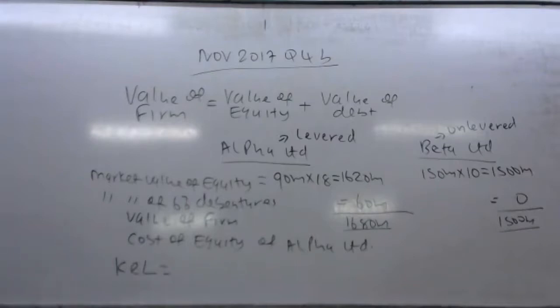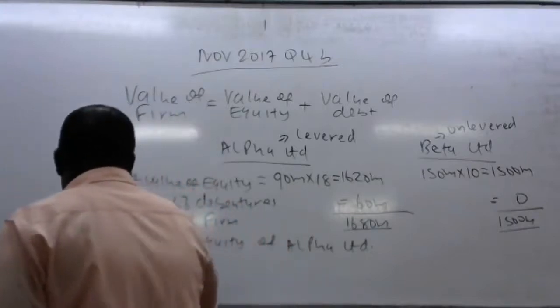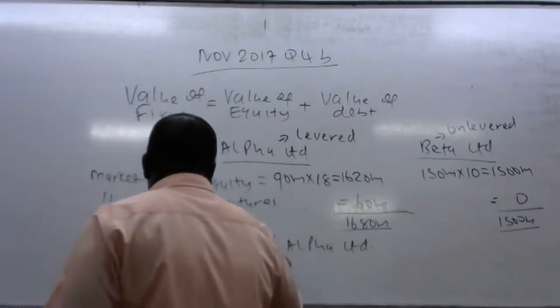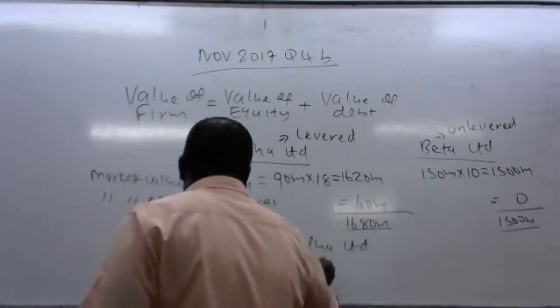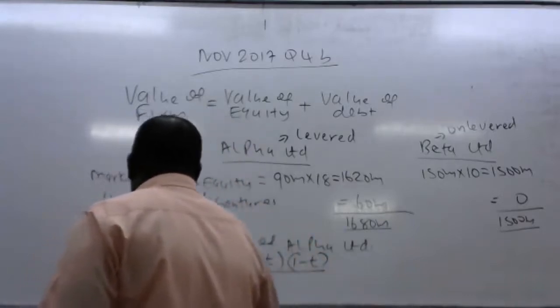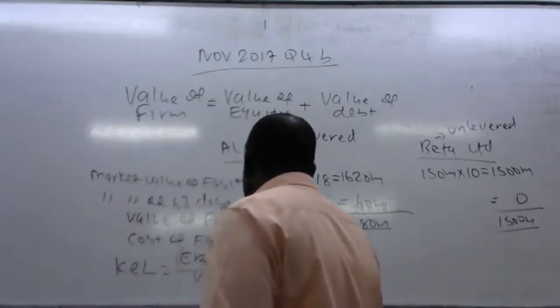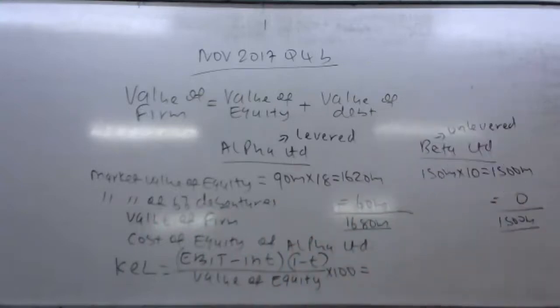In the previous class, it was given by earnings before interest and tax, we subtract interest, times 1 minus the corporate tax, we divide by value of equity, then we show it as a percentage.